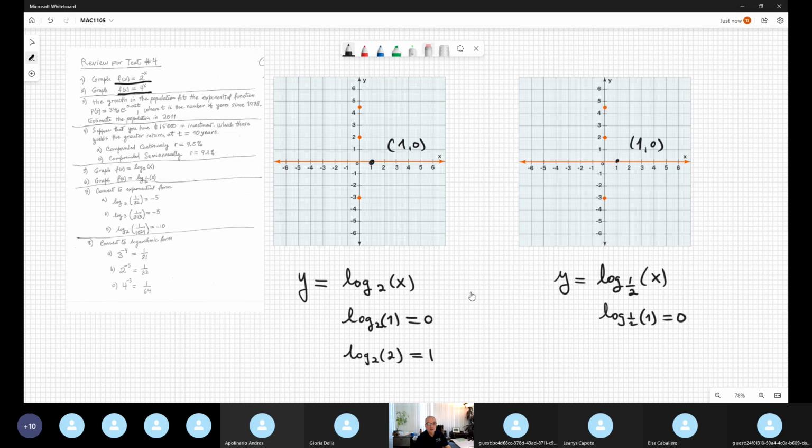But let me erase this. Let me copy that point here. (1,0). The second point is (2,1) here. Do you see? (2,1).